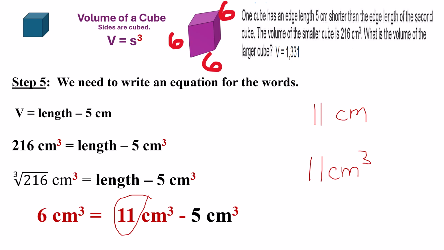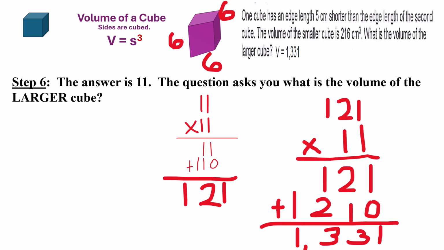Okay, that's what happens. 11 times 11 is 121. 121 times 11, see, is 1,331. So I've multiplied 11 times 11, that's one number times the same number, and then I took this number and multiplied it again. That's your 3 times. That's your cube, and that's the answer.